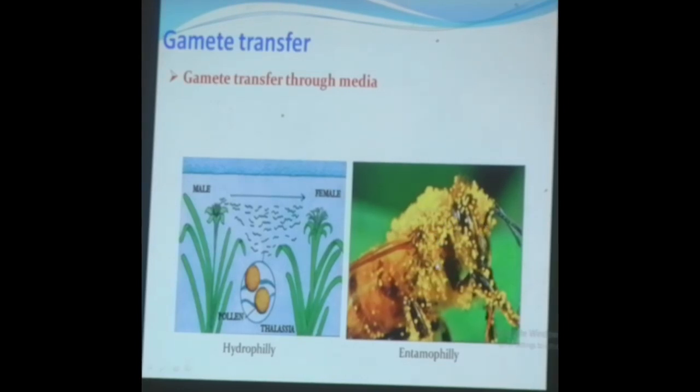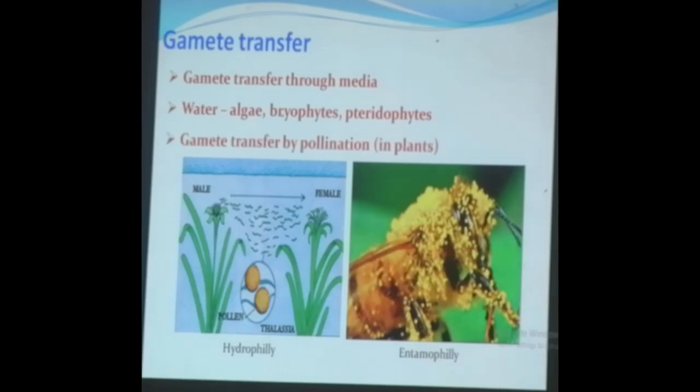The transference of the male gamete to the female gamete through insects is called entomophily. In some cases, the transfer of the gamete also takes place through the air. It's called anemophily. In some cases, snails help in transferring the gametes, which is named malacophily. Now, the gamete transfer takes place through the pollination process by insects.